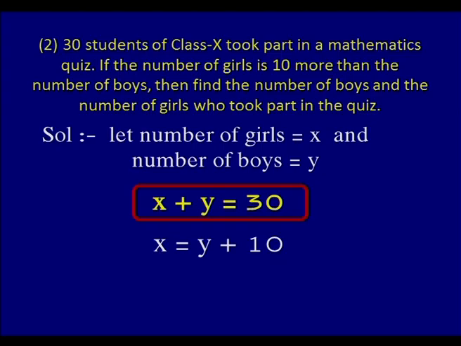So, if you add 10 to the number of boys, then both are equal. That is why x is equal to y plus 10. If you transpose y to the LHS, it becomes x minus y is equal to 10. Observe here, there are two equations which are linear equations in two variables.